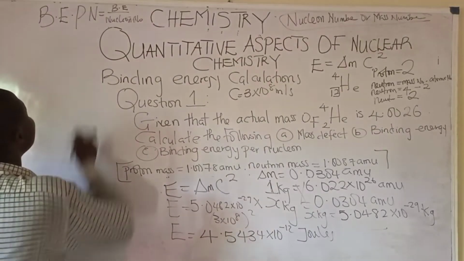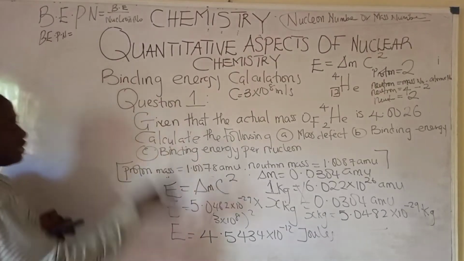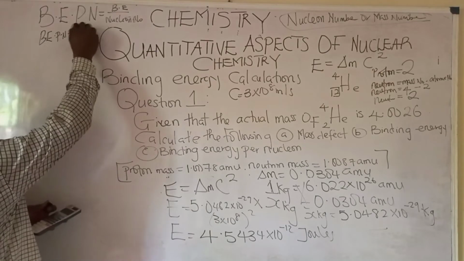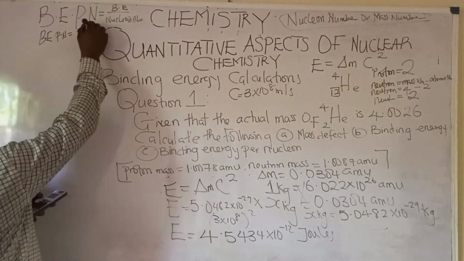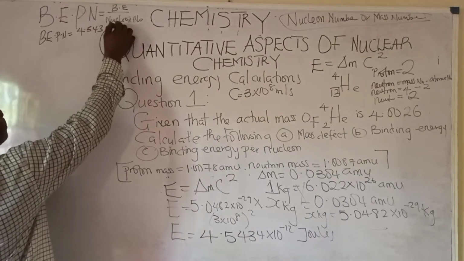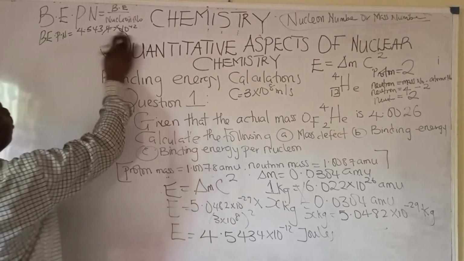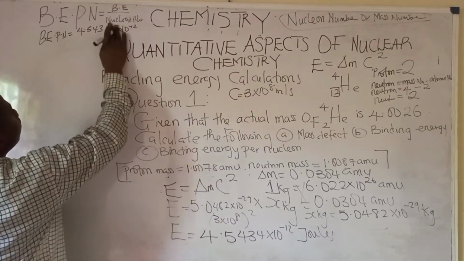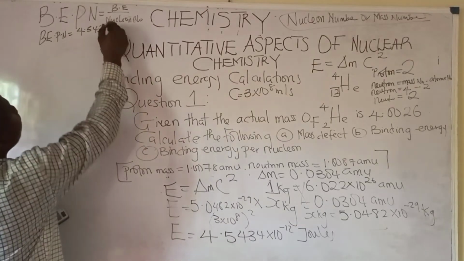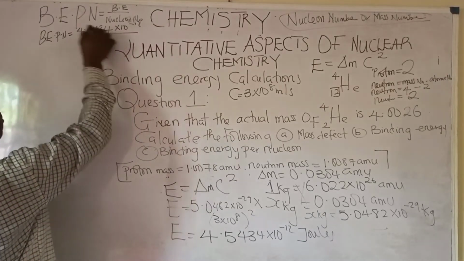So we simply say for the binding energy per nucleon, it is the binding energy we've got, which is 4.5434 times 10 power minus 12, over the nucleon number, which is 4.